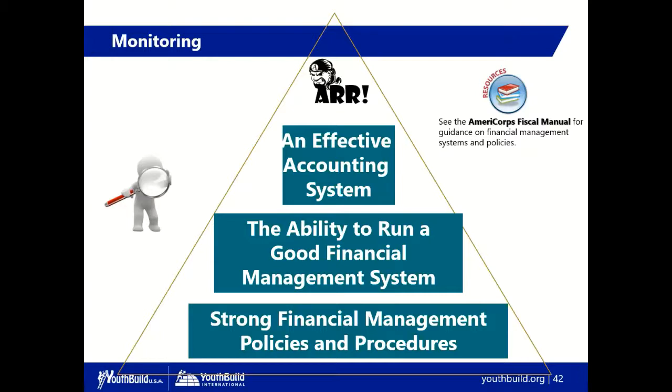So let's talk about policies and procedures and systems all of you should have in place to meet federal grant requirements, and which allow your program to prepare and submit AmeriCorps reimbursement requests each month. First, at the top of our monitoring pyramid here, we have an effective accounting system. What that means is you're itemizing each expenditure and it's readily identifiable to the grant.